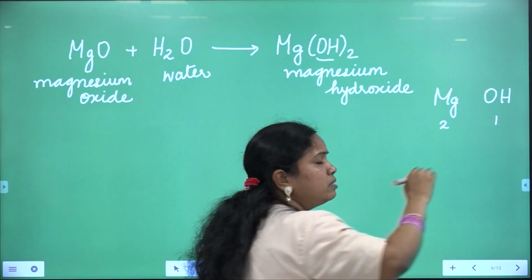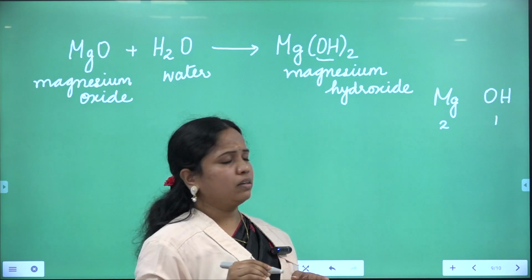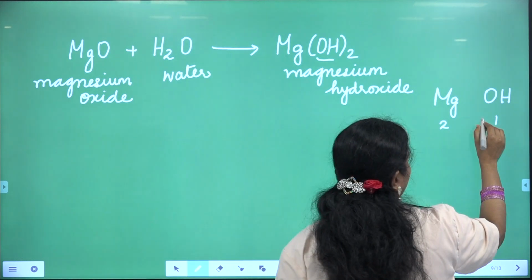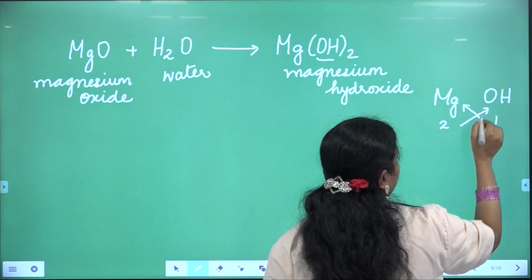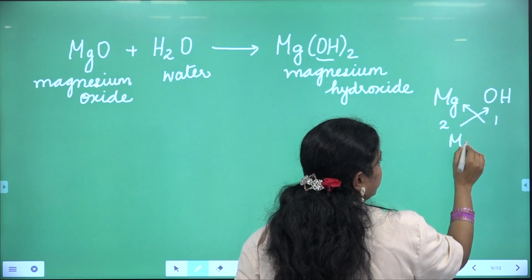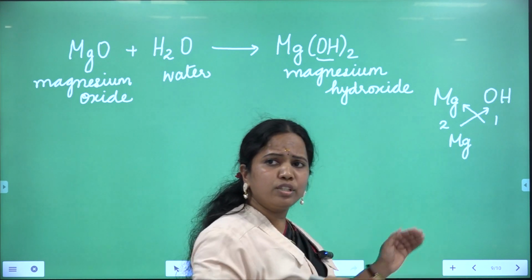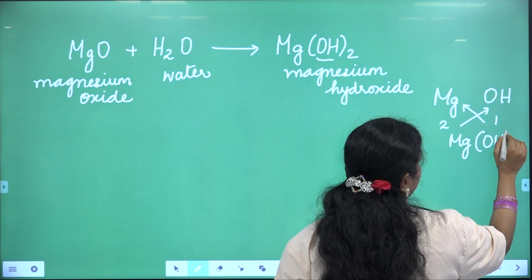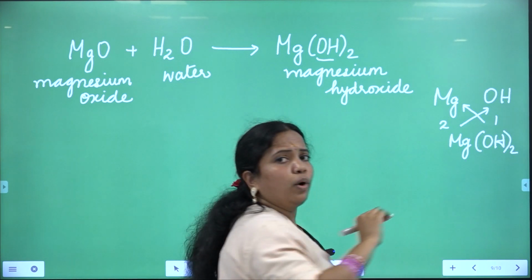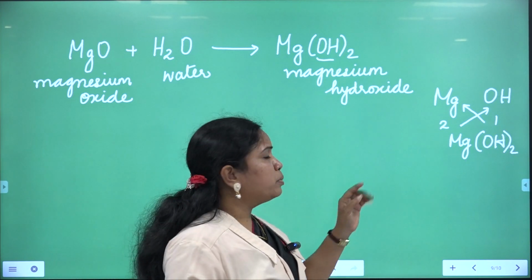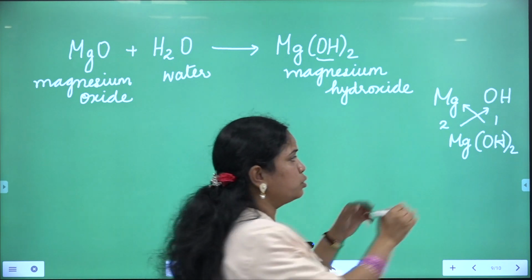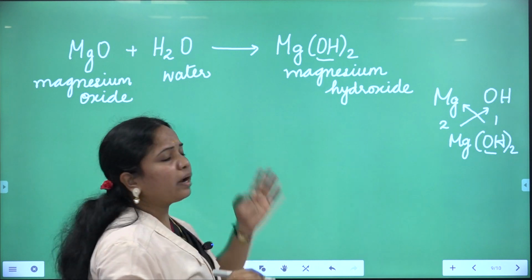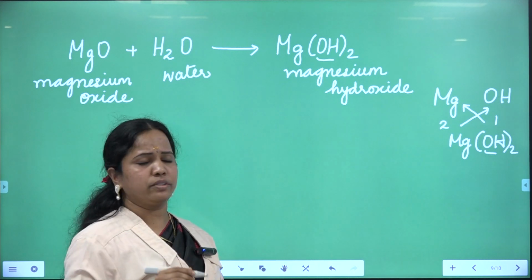So the second step is to write the valency, and the third step is to cross multiply. So the formula of magnesium hydroxide is Mg(OH)2. Since it is a polyatomic ion, OH has to be enclosed within the bracket. So magnesium hydroxide is Mg(OH)2.